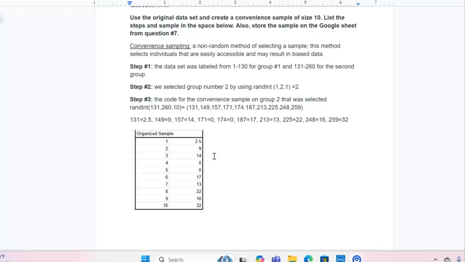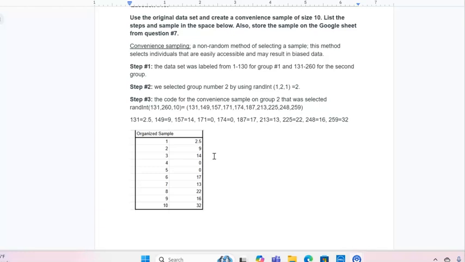So what we did for the first group is label it from 1 to 130, and for the second group we did it from 131 to 260. The way we selected one of the two groups is by doing 1 for the minimum, 2 for the maximum, and then 1 for the amount of variables that we wanted selected, and that got us 2. So we're taking all the 10 values from group number 2.